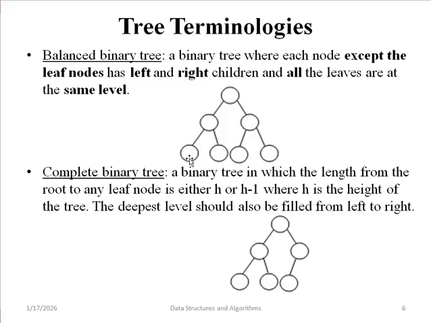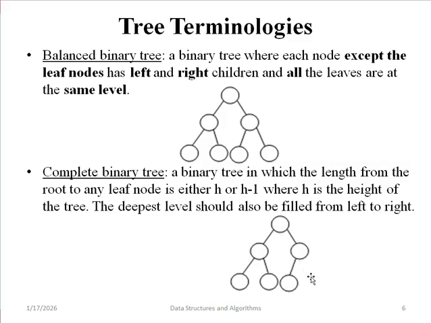So if all nodes from the root to the terminal nodes are at height H, we can say it is a complete binary tree. If, for example, we remove one node, we just reduced the height on this side, which can be H minus 1 for any terminal node.